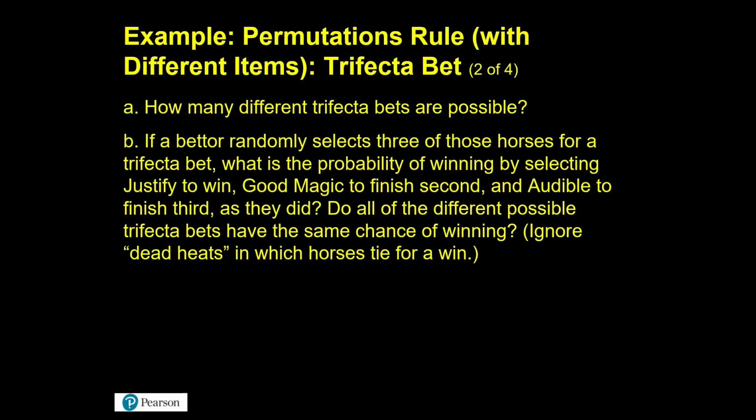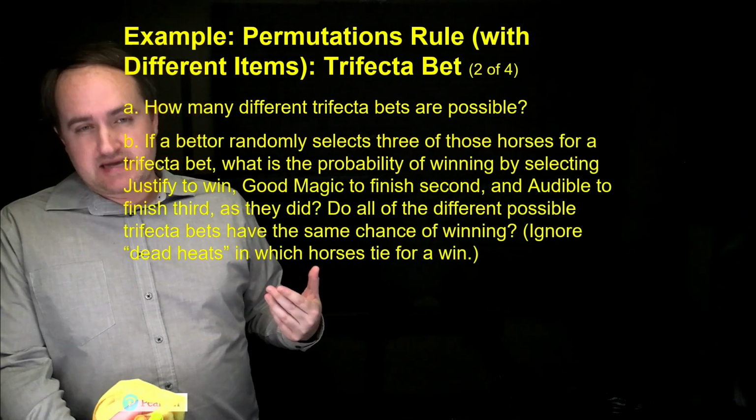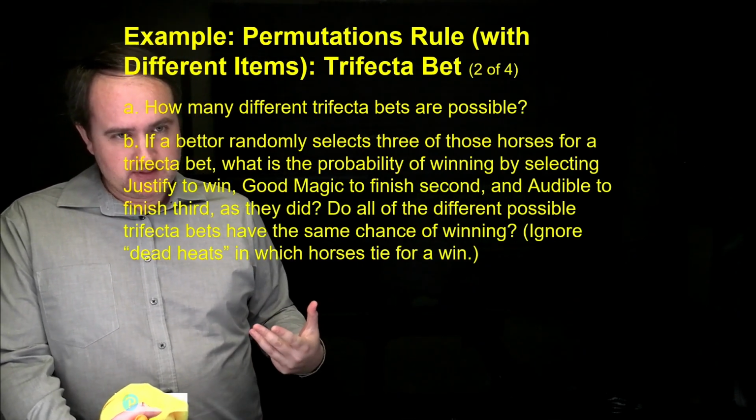Well, if you think about that, just like in the other problems, there's only one outcome where the horse named Justify was first place, the horse named Good Magic was in second place, and the horse named Audible was in third place. So that's really only one outcome in our event over, we said there were 6,840 possibilities.